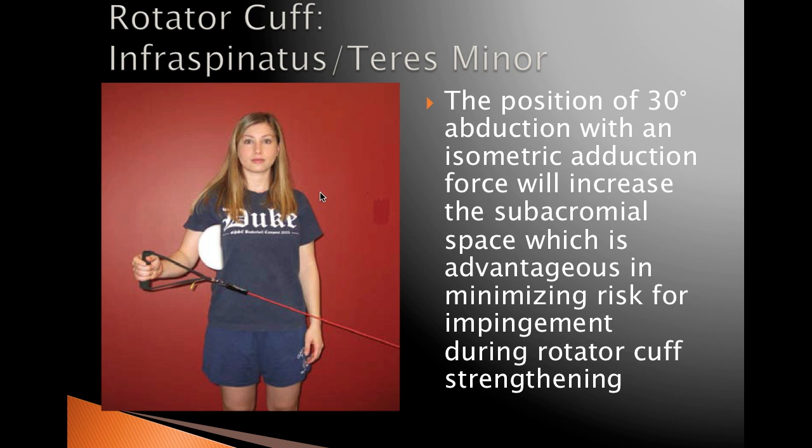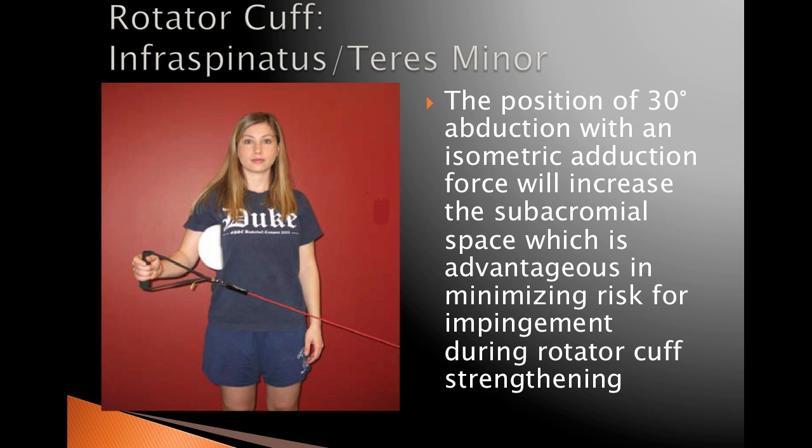Okay, and this is them doing it with TheraBand. I'm sorry, I forgot to say: when you're doing standing or side-lying external rotation, it's been shown that you increase the muscle activity in the infraspinatus by about 10% by placing the shoulder in 20 to 30 degrees of abduction.